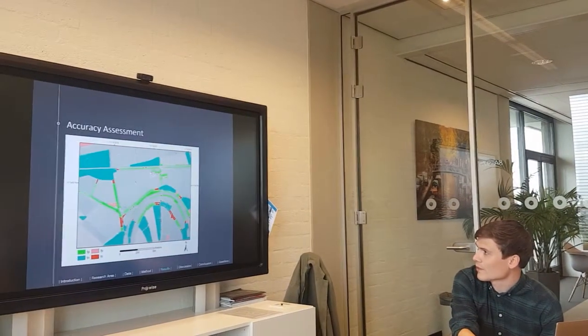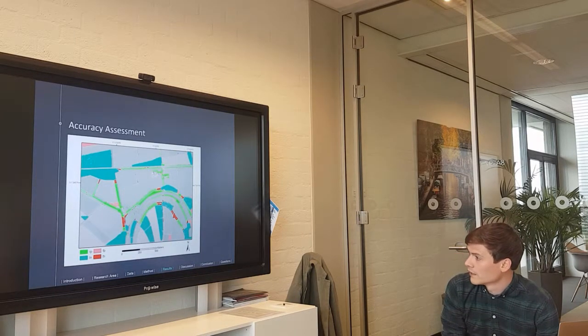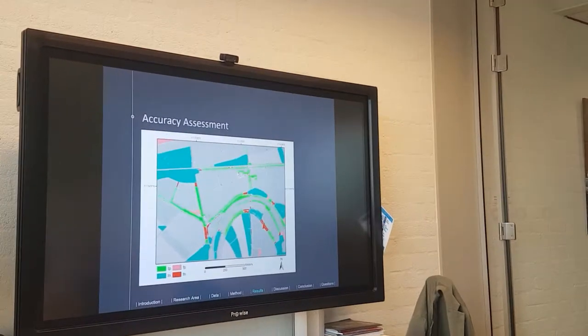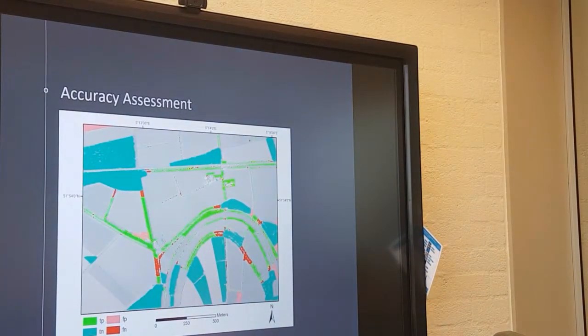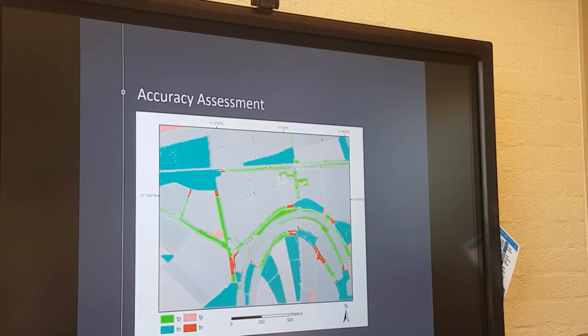Here I made a map of how the true positives and the true negatives look against the false positives and the false negatives. So you can basically see what I already told you before. But you see a lot more green than red, so I was quite happy with that.